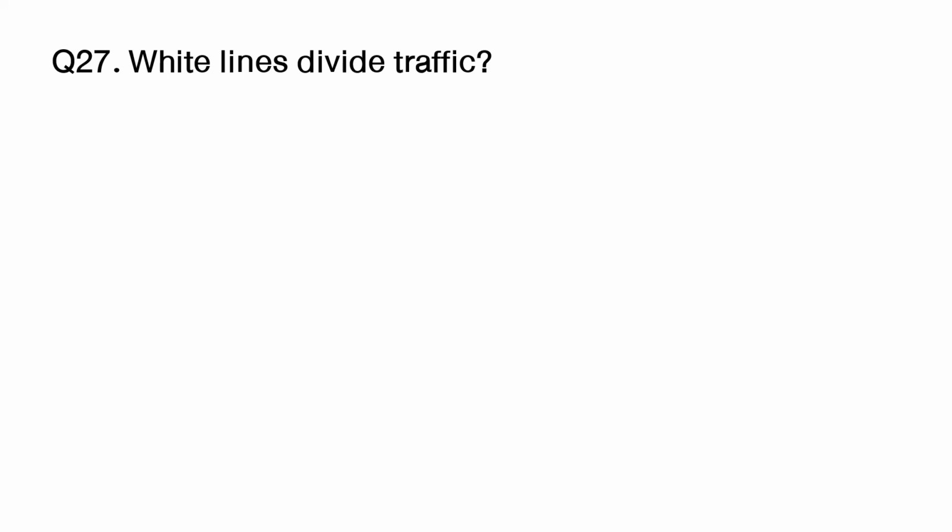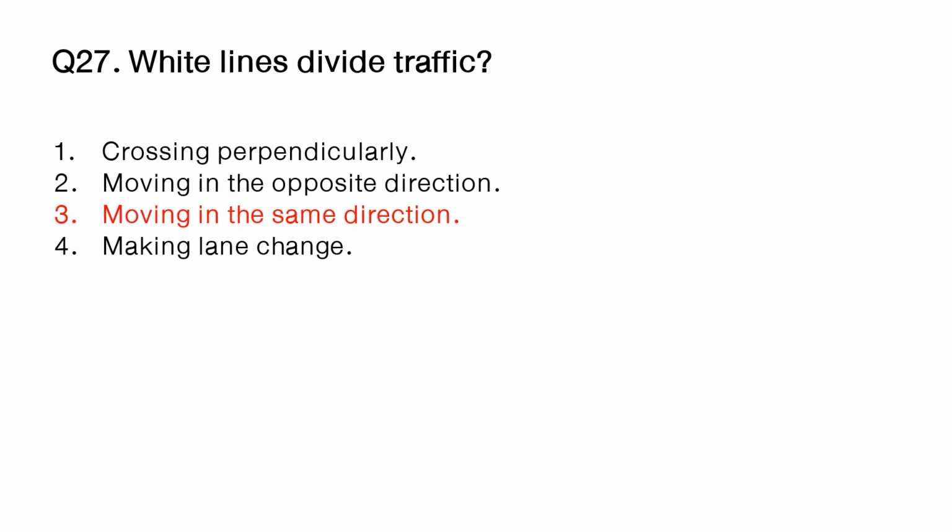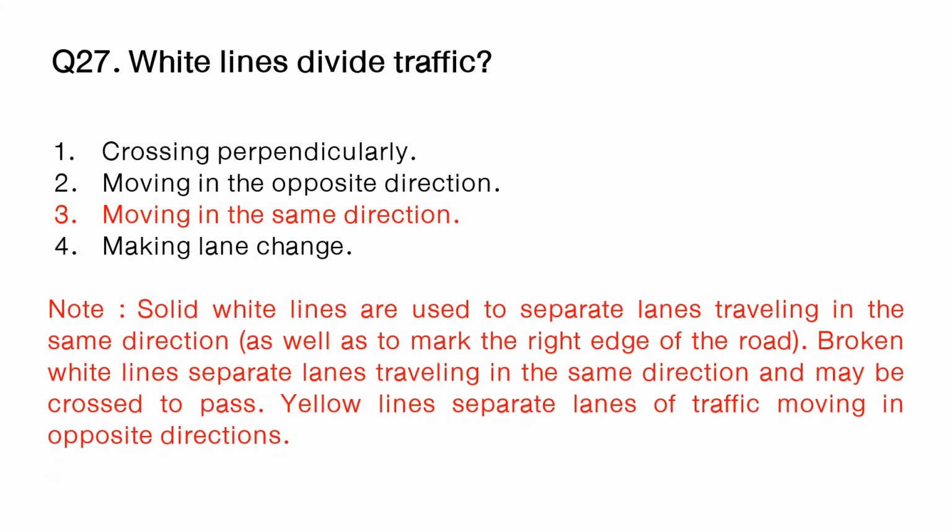The answer is option number 3, moving in the same direction. Note: solid white lines are used to separate lanes traveling in the same direction, as well as to mark the right edge of the road. Broken white lines separate lanes traveling in the same direction and may be crossed to pass. Yellow lines separate lanes of traffic moving in opposite directions.